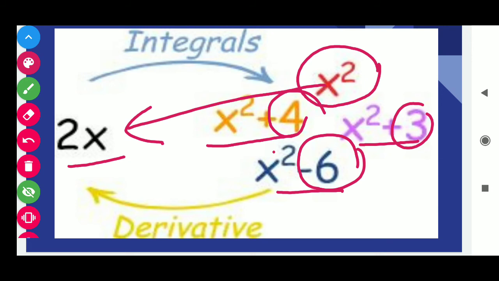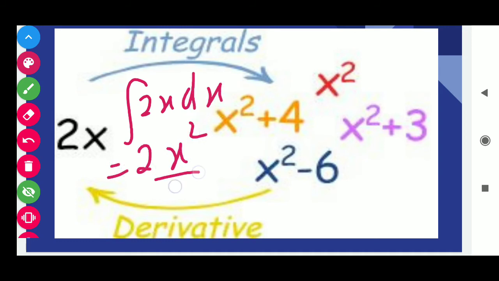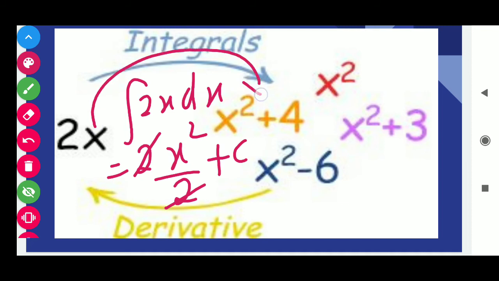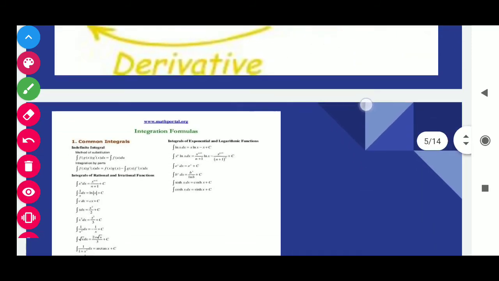So if we do the integration of 2x, then the integral of 2x with respect to x is 2x squared over 2, and we use the plus c sign to balance the equation. In this way we get x squared plus c, and here c can be 4, 3, minus 6. So students, plus c is the constant of integration.